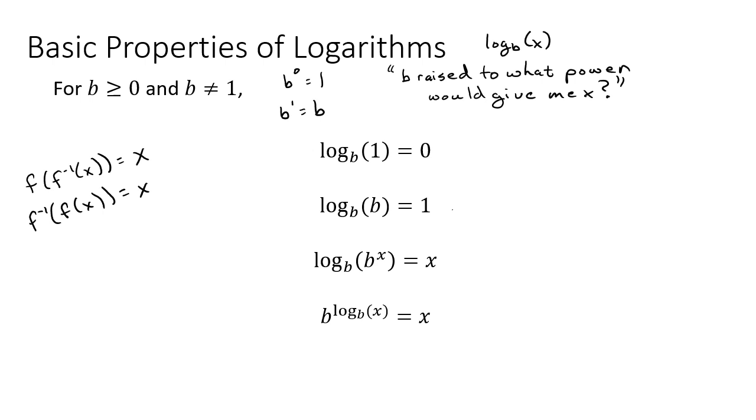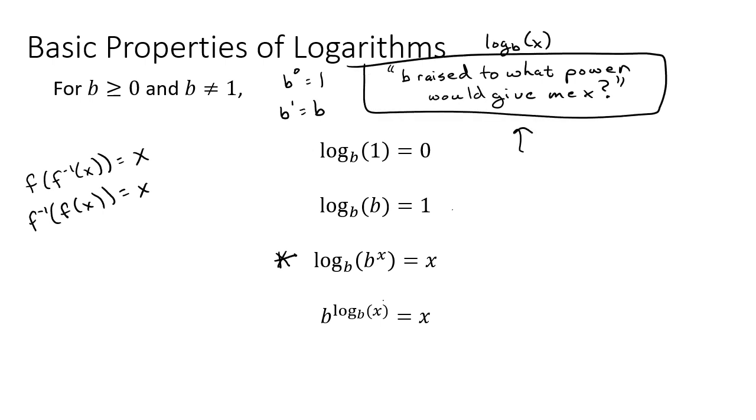Or if you compose them in the other direction, you take log base b of x and you put it over an exponential base b, that would also just cancel out and give you x. Of these two properties, this one is the most important. This will give us an alternate way of evaluating logarithms than just remembering the definition.